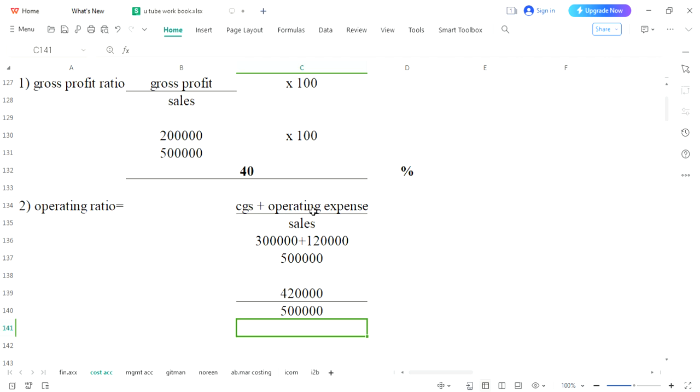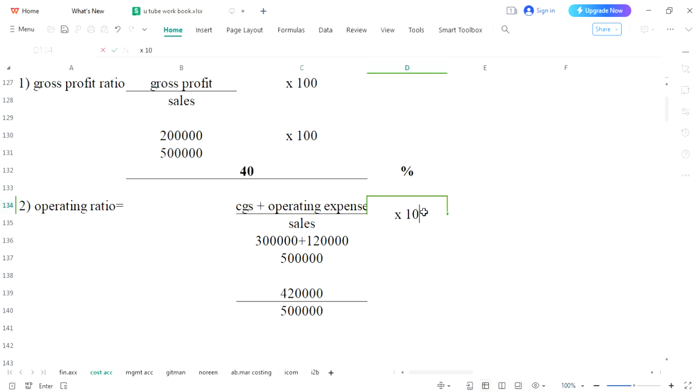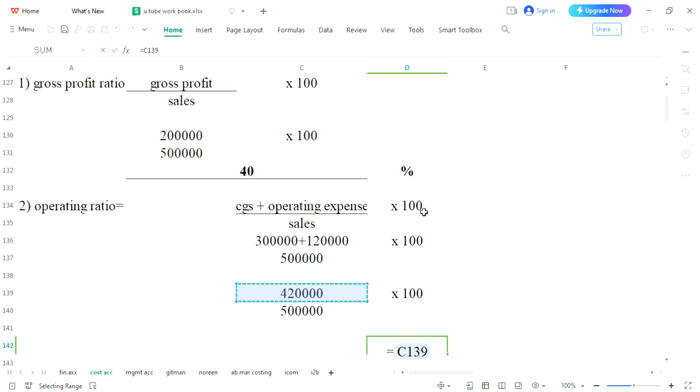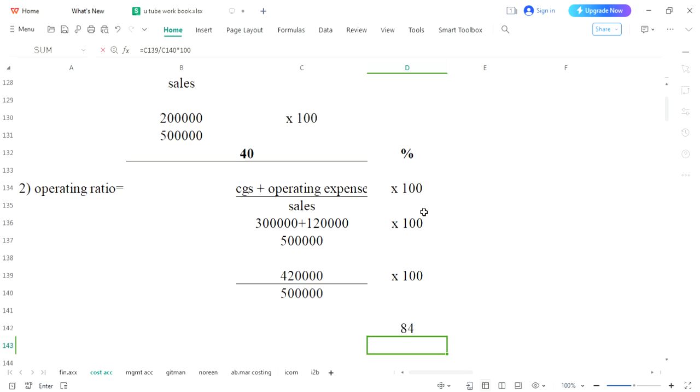CGS plus operating expenses divided by sales, and if you want to calculate in terms of percentage, multiply it with 100, and similarly over here. So we are now concluding our ratio. CGS plus operating expenses 4,20,000 divided by 5 lakh net sales and multiply with 100. So we have got 84%.